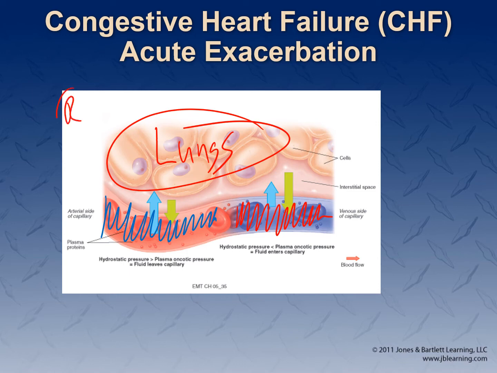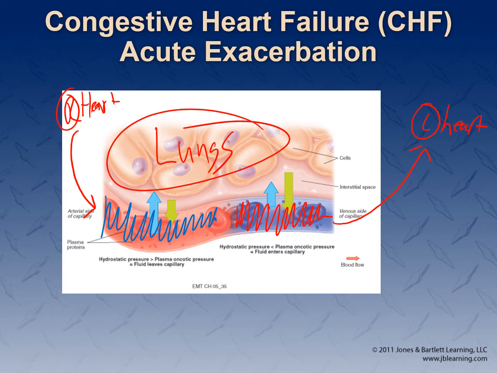So you have your right heart on this side pumping blood into your pulmonary artery, gets down to the arterial. So this is a pulmonary capillary bed right here. And this will be the pulmonary vein coming up to the left heart.